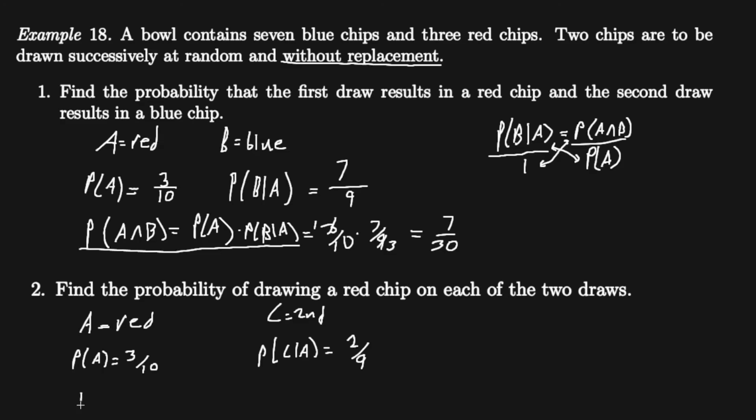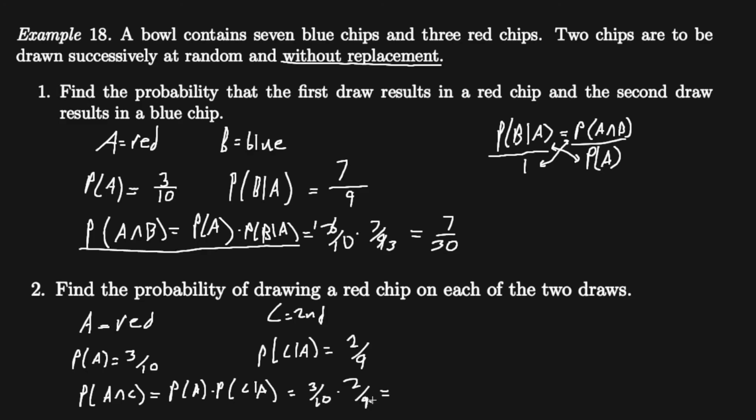Now we can just multiply this out. The probability of A and C is equal to the probability of A times the probability of C given A, which is 3 over 10 times 2 over 9.